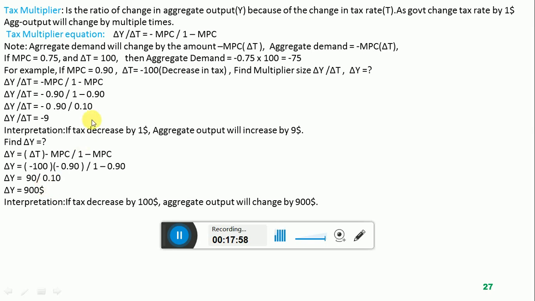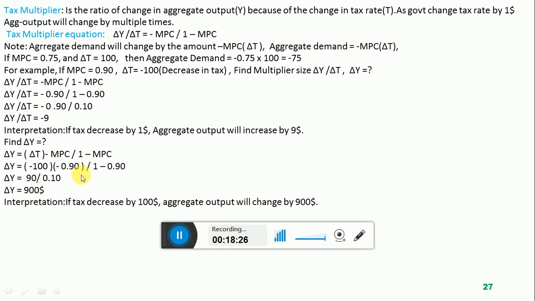I am repeating again that if we divide minus 0.90 by 0.10 we will find minus 9, and if we multiply minus 9 with minus 100 we get 900. So we multiply minus 100 with minus 0.90 and find 90, and then we divide 90 by 0.10 and find $900 million.